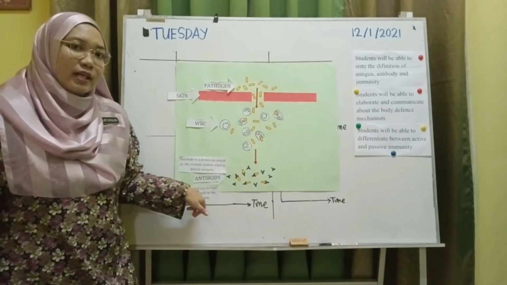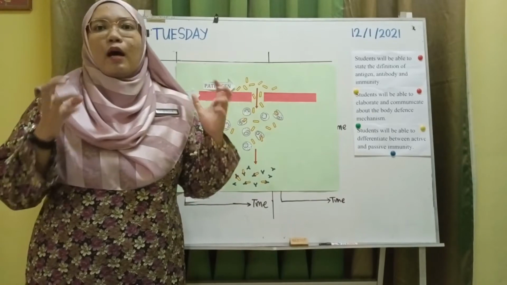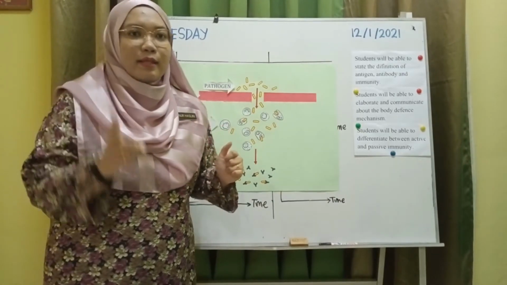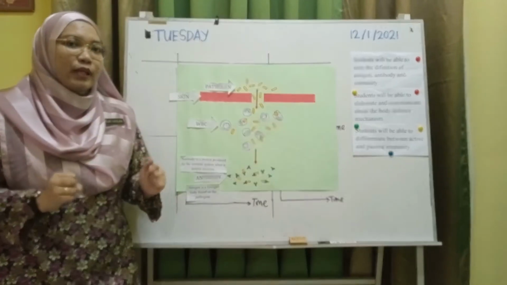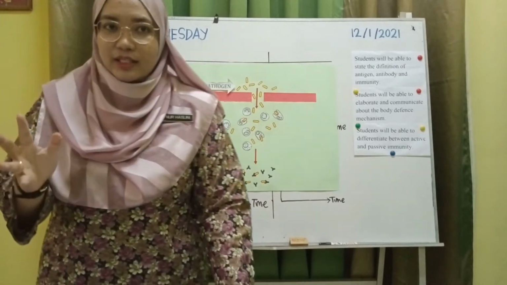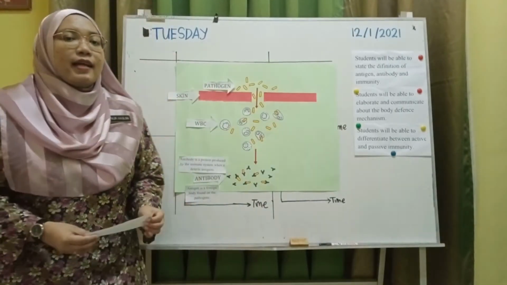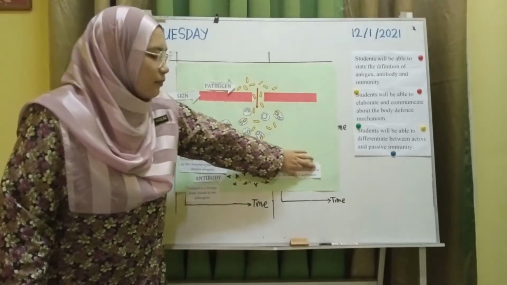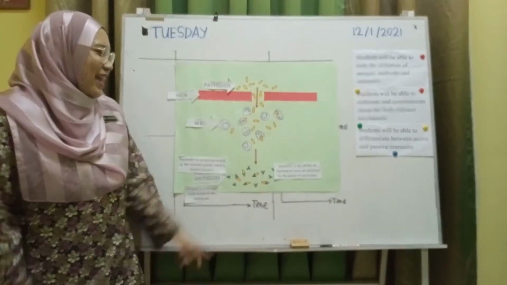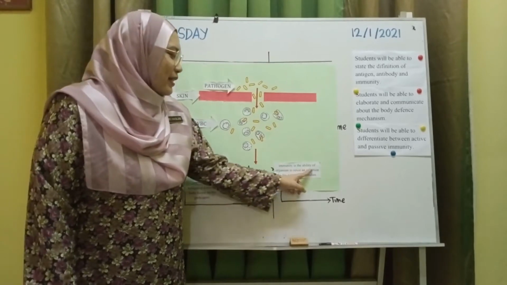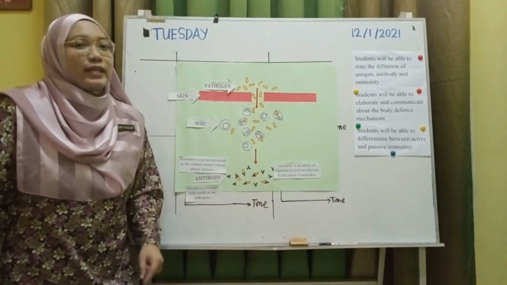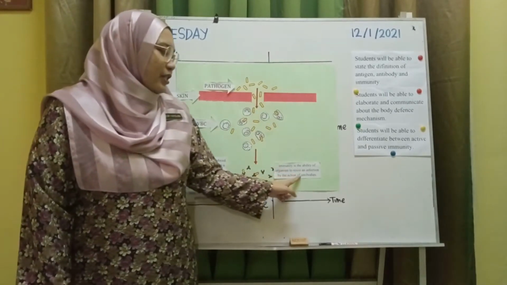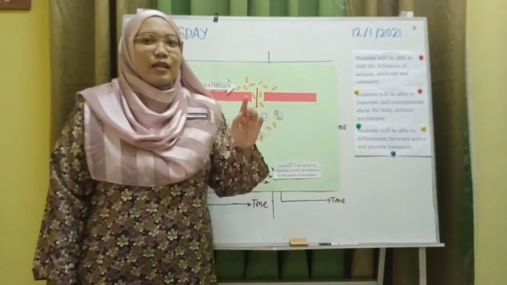This antigen will make our immune system produce an antibody. Therefore, antibody will fight against this antigen. And that is what we call immunity. Correct, Shamimi. Immunity is the ability of an organism to resist an infection by the action of antibodies.